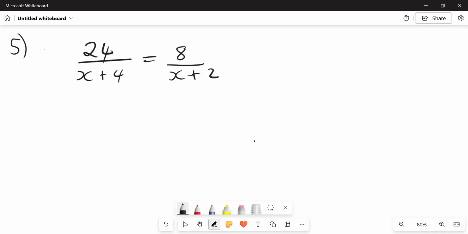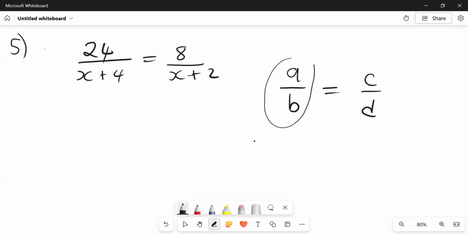Here you can use your LCD, or you can use cross multiplication. You can only cross multiply if you have something like this. That's the term on your left hand side and another term on your right hand side. Both are fractions. Then you can cross multiply in that sense.